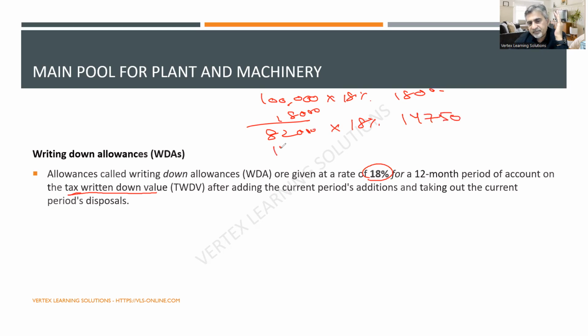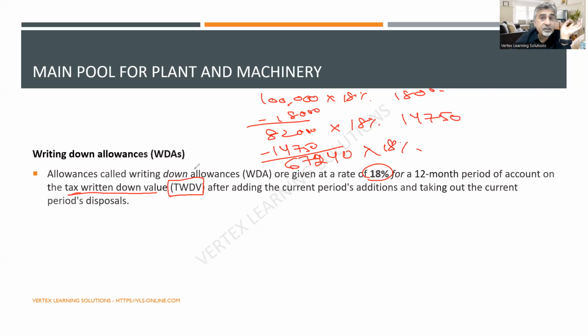So then I subtract 14,760 from 82,000, and what do I get? 67,240. And then on this, I multiply with 18%.